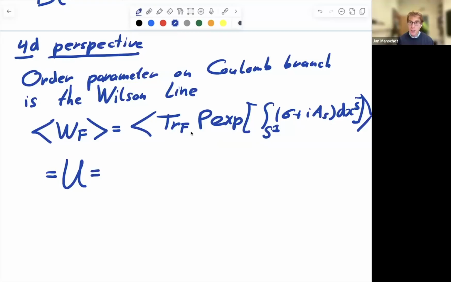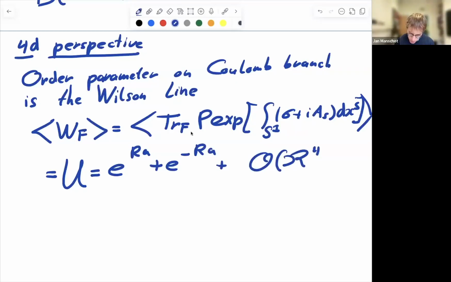You can do a semi-classical analysis to see how this function behaves as a function of the 4D parameters. It goes as e to the RA plus e to the minus RA, and then there are further corrections in a power series of curly R to the 4.